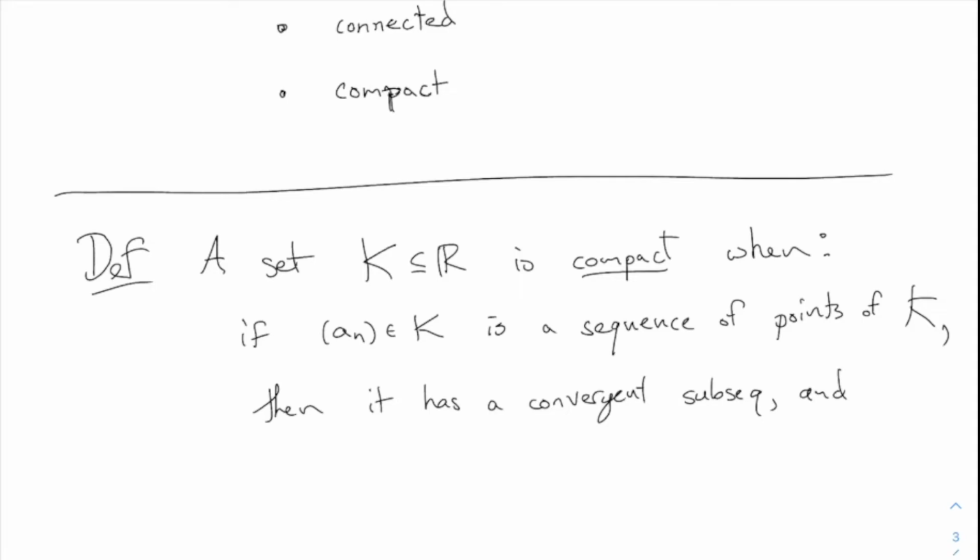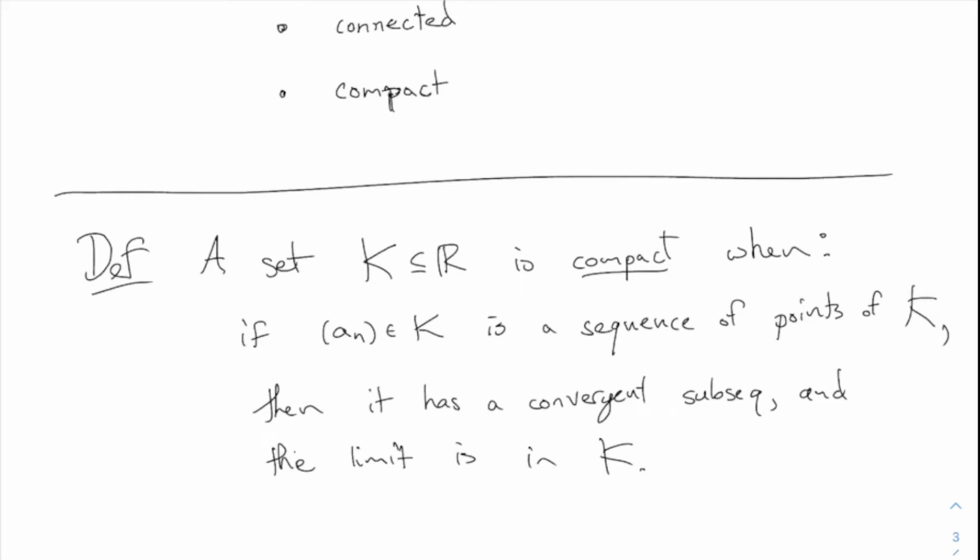And the limit of that subsequence is in K. This is what it means to be compact. Any sequence in the set has a convergent subsequence, and what it converges to is also in the set K. All right, that is a compact set.